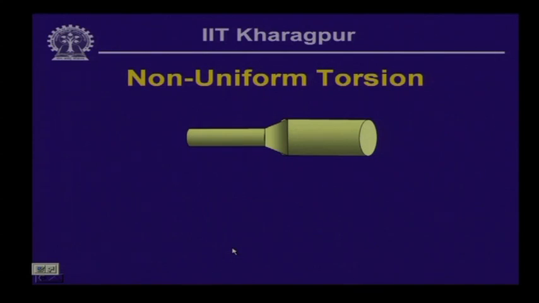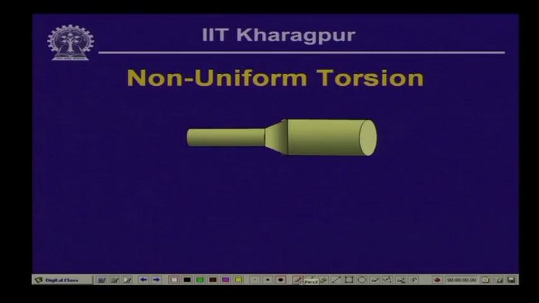Well, having looked into the effect of torsion on a tubular section, let us look at a section which is not uniform. So long we were discussing the effect of torsion on a bar which is uniform, whether the shaft is solid or hollow.